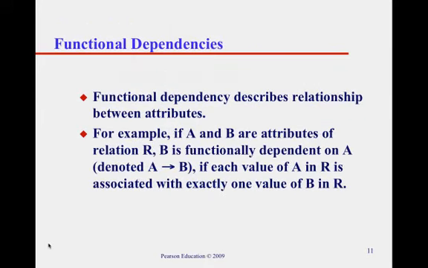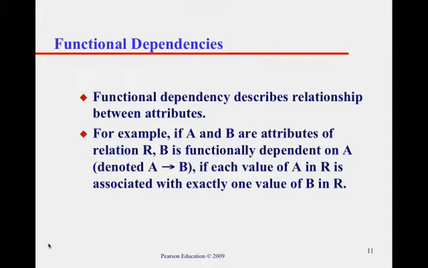Okay, so to do our decomposition, we have to identify these dependencies among attributes, and they're called functional dependencies in the relational database literature. And a functional dependency is just like a mathematical function.